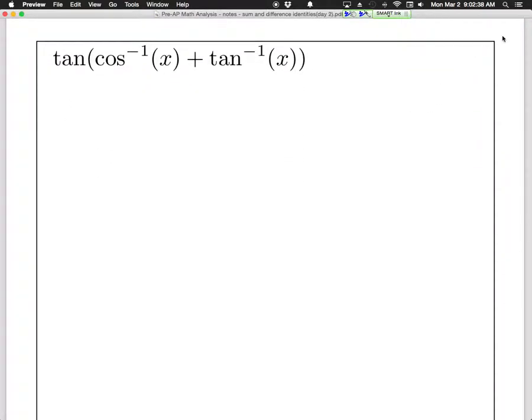So this one is tangent of inverse cosine of x plus inverse tangent of x. Tangent of inverse cosine of x plus inverse tangent of x. This is tangent a plus b.